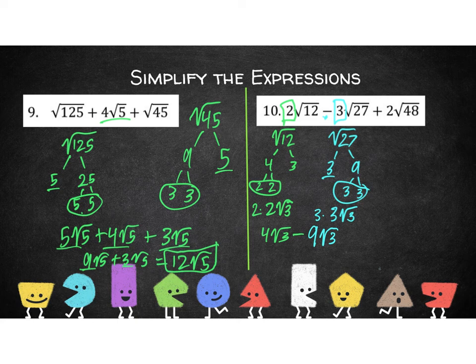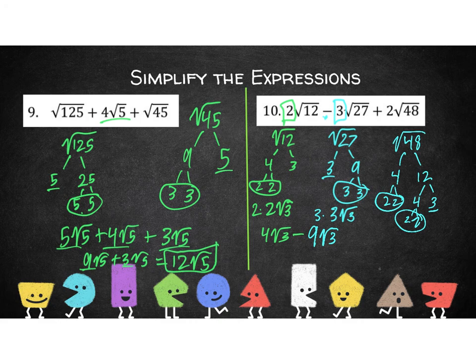All right, so now we're left with our last term, square root of 48. This is going to break into, let's see, 4 and 12. 4 will break into 2 and 2, 12 into 4 and 3, this 4 into 2 and 2. So there's a pair of 2s, another pair of 2s, and what's left over is a 3.